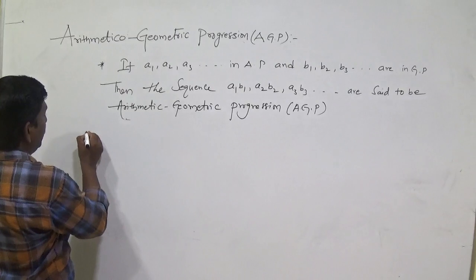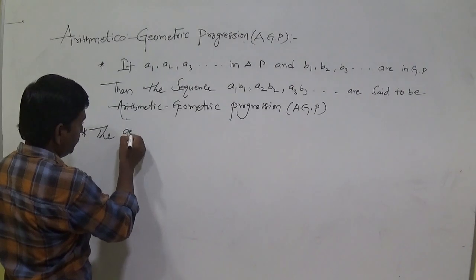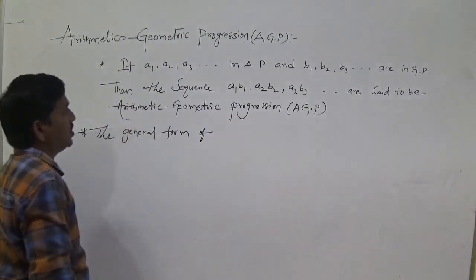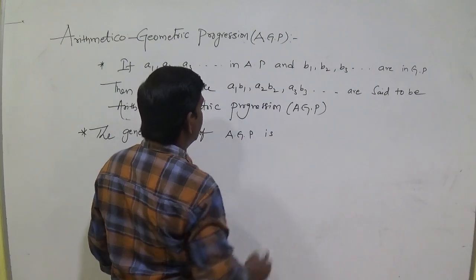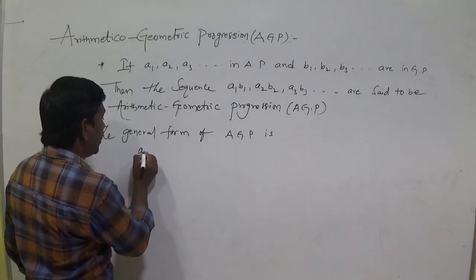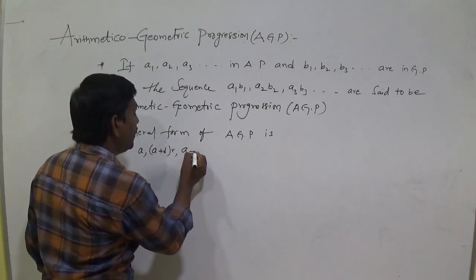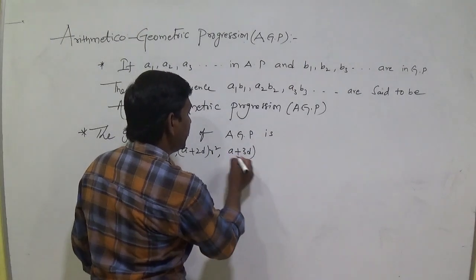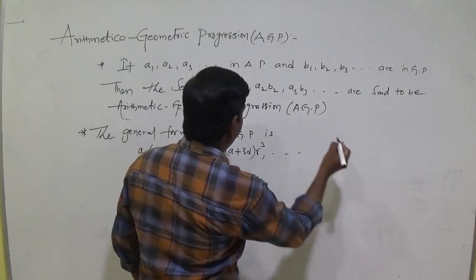Now, the general form of AGP is a, (a plus d) r, (a plus 2d) r squared, (a plus 3d) r cubed, and so on.